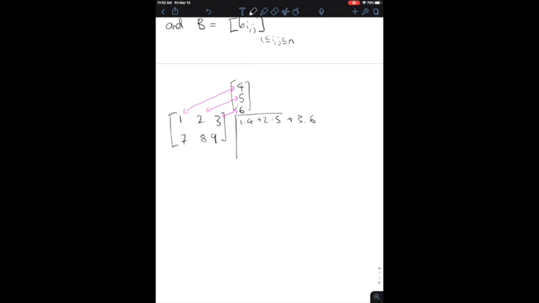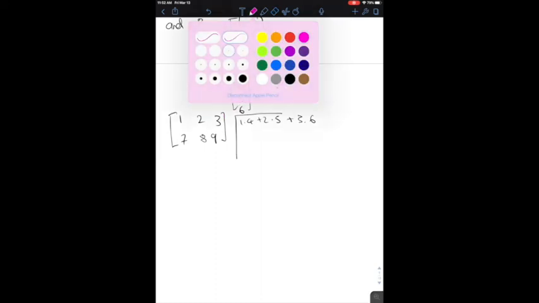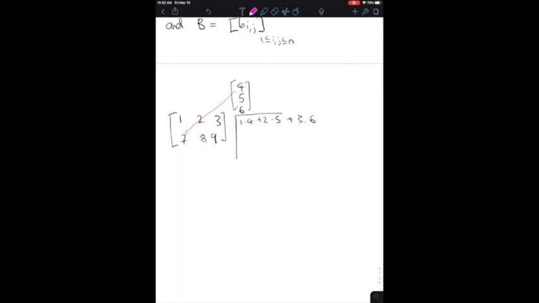And then the second entry would be performed in the same way using the second row: 7 times 4 plus 8 times 5 plus 9 times 6.